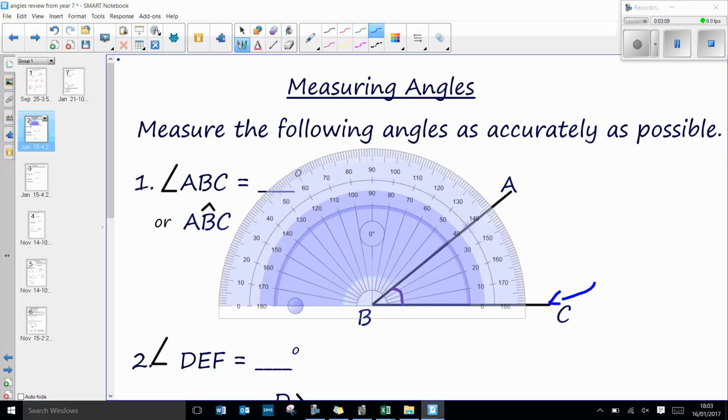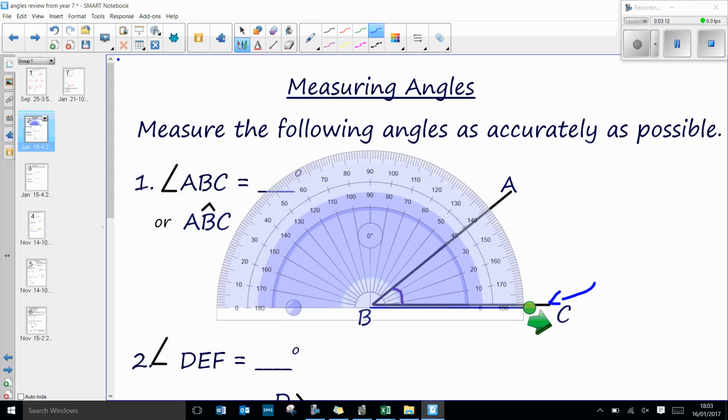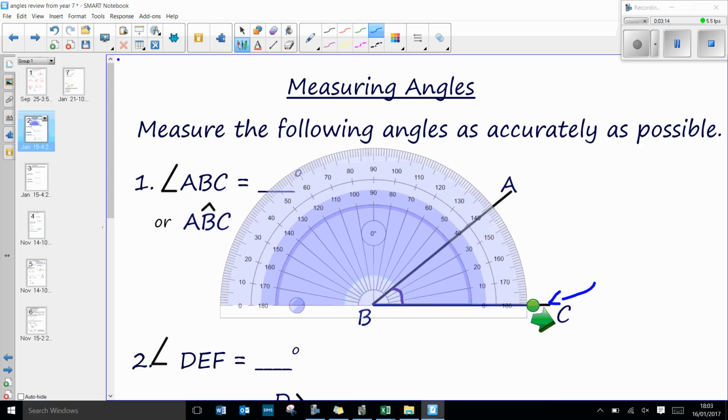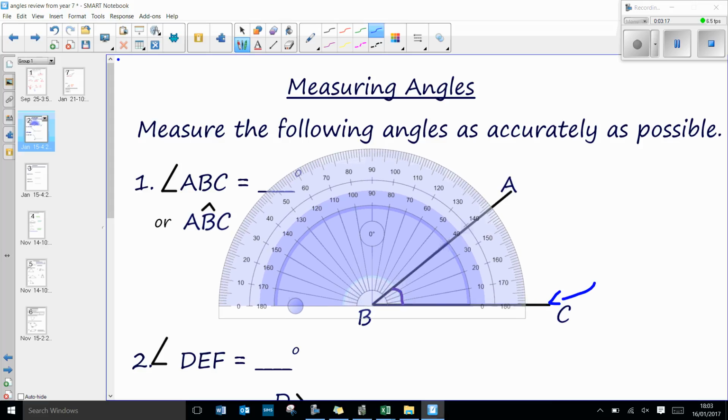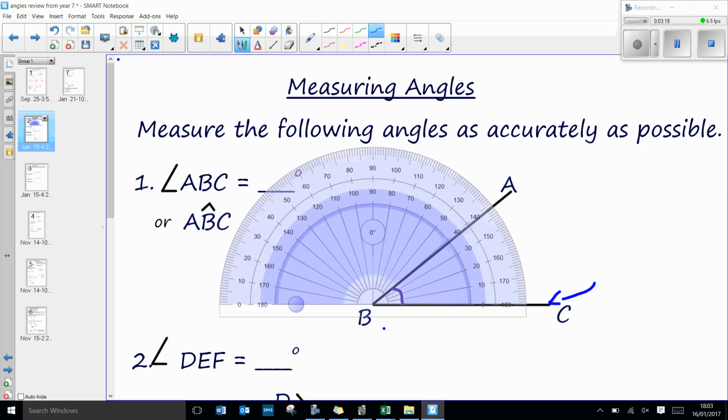I make sure that this part of the protractor is on the vertex or point of the angle, and then I can measure this angle here. Now you'll notice that there's always 2 scales to a protractor, an inside and outside. Because we're starting at this baseline and we're going up to this line, it means we need to start at 0 and work our way up. So we can see that this angle here would be 39 degrees.